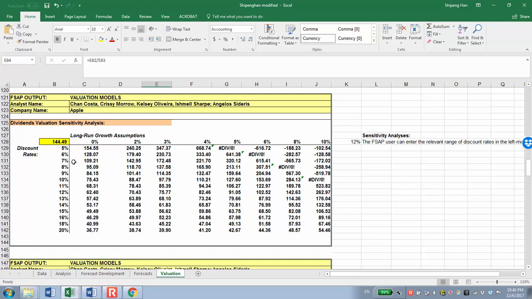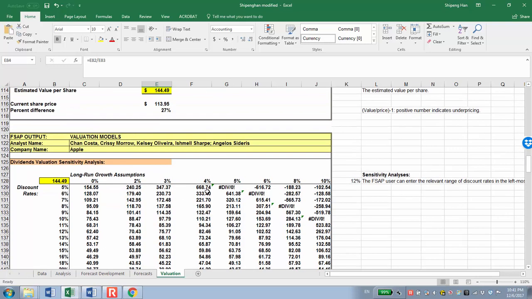Actually, we know this number will change if all other variables are the same but the discount rate and long-term growth assumption change. It's better to give us a range rather than a point.